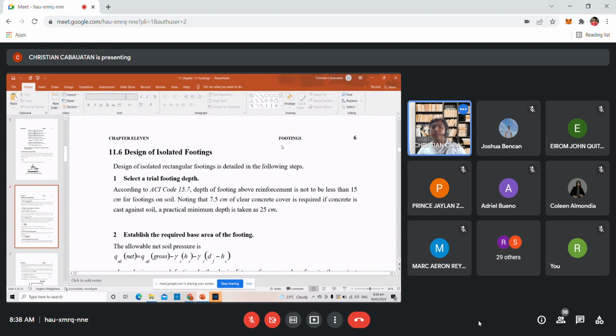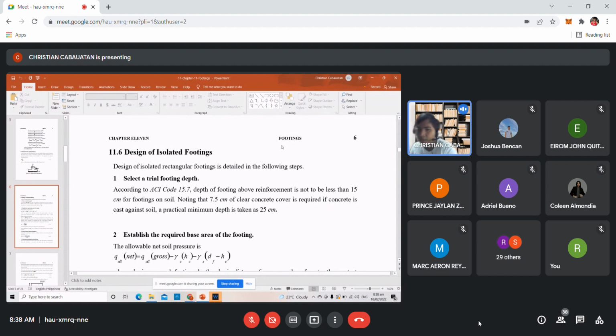So, according to ACI code 15.7, the depth of the footing above reinforcement is not to be less than 15 cm for footing on soil. And noting that 7.5 centimeters is the clear concrete cover.